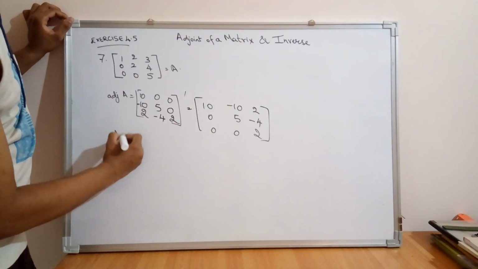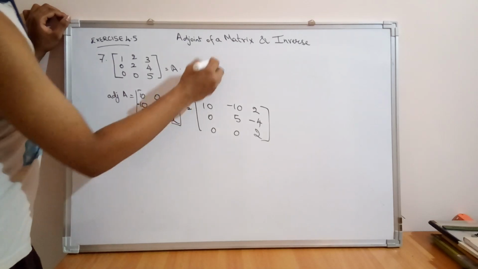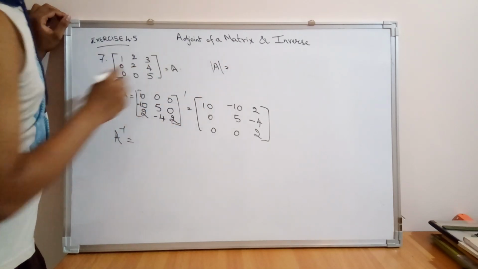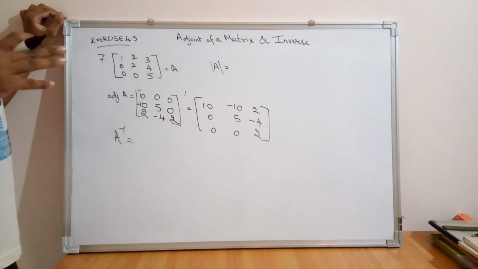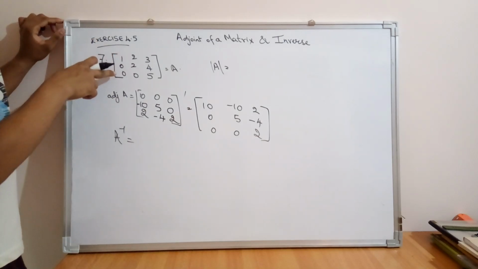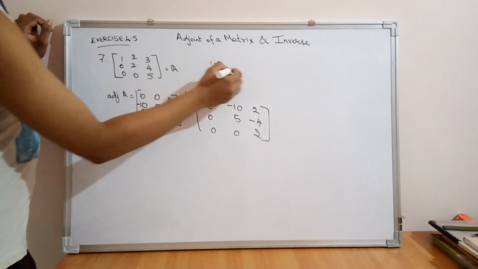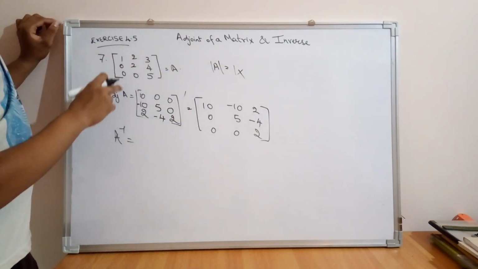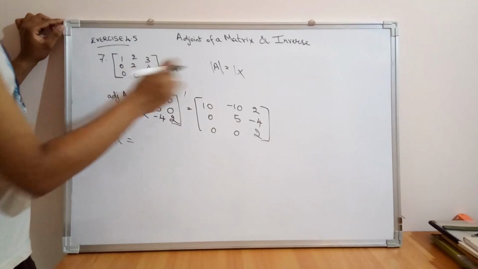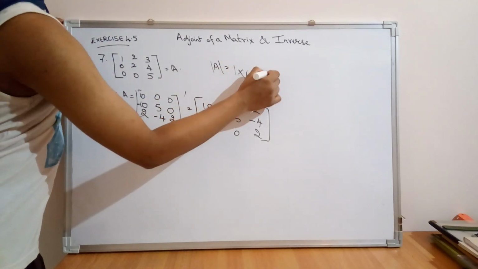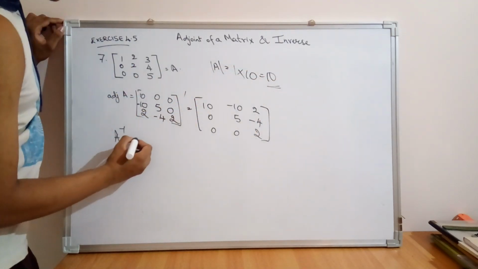So what is going to be A inverse: first of all we need to find the determinant of this A. The easiest method is, I can start with this first column. If I start with the first column, these two go to be 0. So it is going to be 1 into the cofactor of that, which is 10. Okay, it is 10 only.